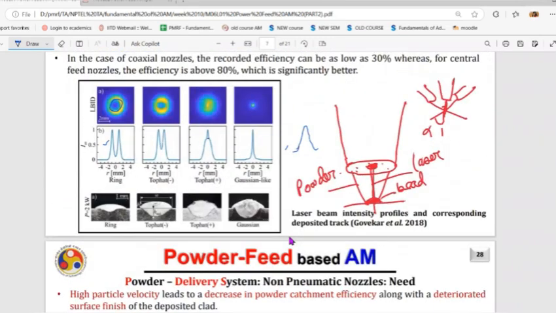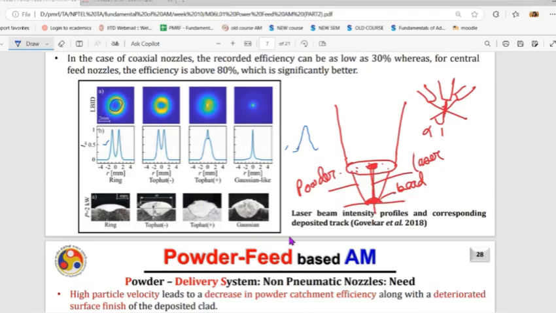Also, most of the time, you can find DED machines which are open machines. So if you are working with reactive materials like titanium or aluminium, which are very prone to oxidation, in this case it's very important how you regulate the argon gas flow.